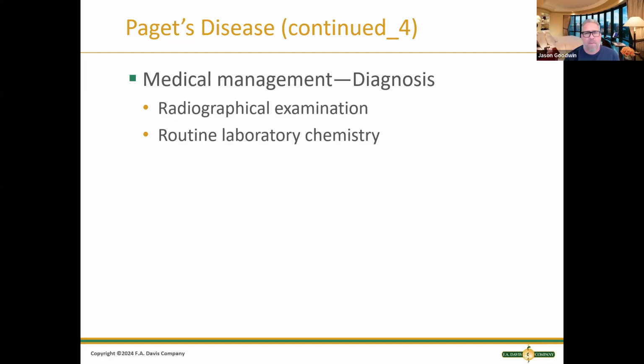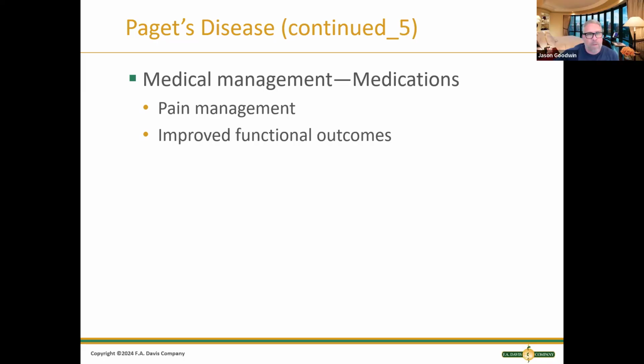So X-ray exams or radiological exams are helpful. Routine labs may identify something. The alkaline phosphatase will be elevated. And then history and exam are going to be important too. So history of fractures, you're going to look at deformities, pain, and family history, and all those things will be used to determine what's happening.